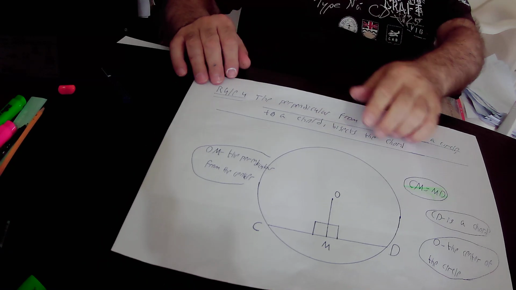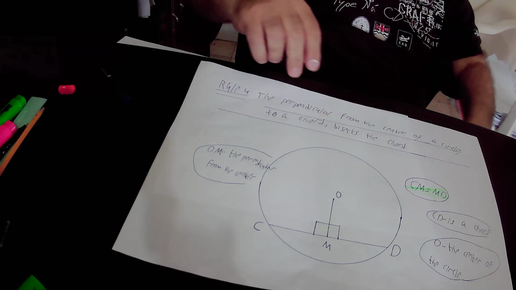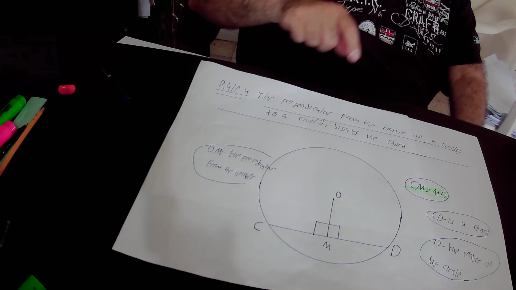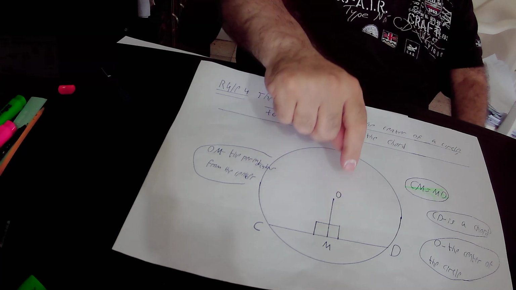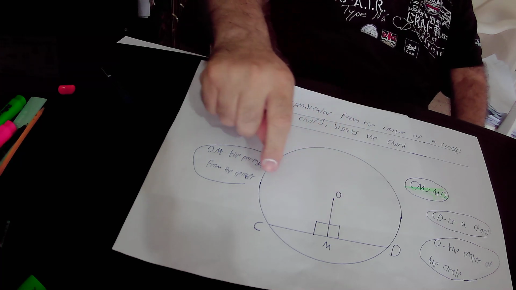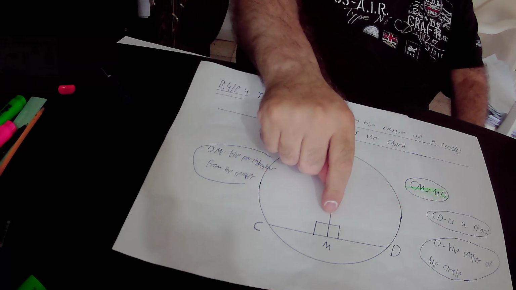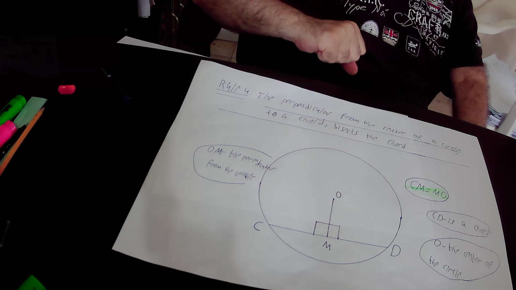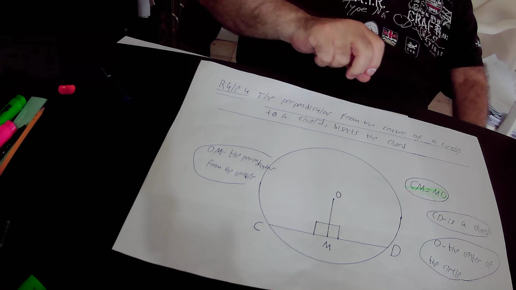So here point O is the center of the circle, here from the center the perpendicular OM, and according to rule number 4, this perpendicular OM bisects chord CD. That is to say CM equals MD.